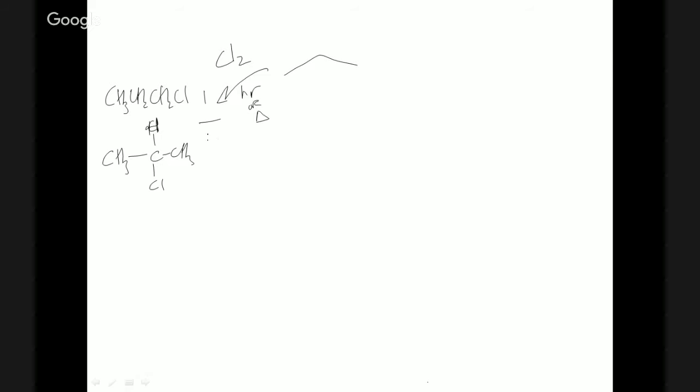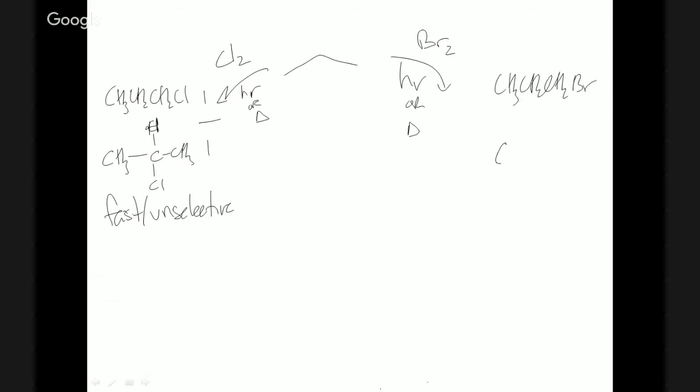We get a 1-to-1 ratio, 50-50 mix. Because it's exothermic, it's fast, and very unselective. However, Br2 with light or heat gives similar products, but with bromine, in very different ratios, 99-to-1. 1% to 99%.